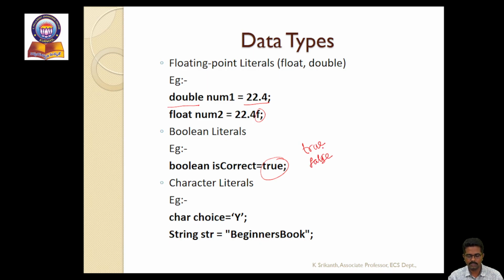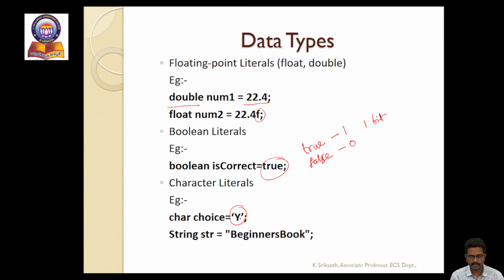Generally the values look like strings, but they are not strings. True is treated as 1 and false is treated as 0, which needs 1 bit of memory. When it comes to character literals, the literals should be placed in single quotes.